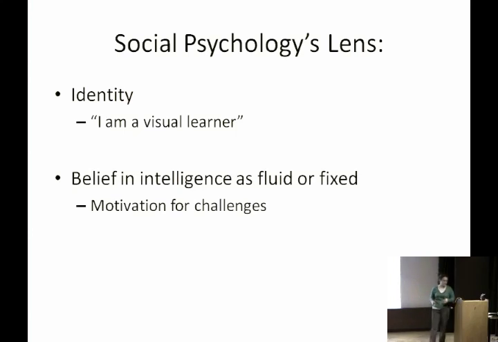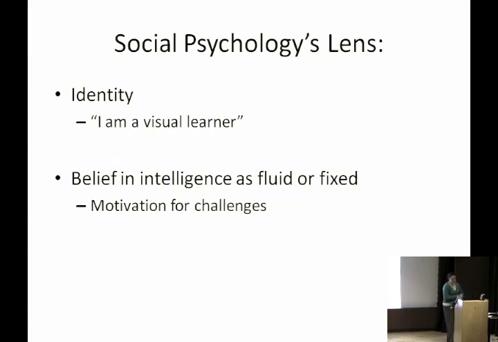If a student is a visual learner and all their teacher does is lecture, then that student's motivation is going to drop. Their interest is going to drop because it's not personally relevant, and their feeling of potential or opportunity for success will be limited as well because it's not how they learn. So we want to think about the interaction of these beliefs and a student's identity as well.